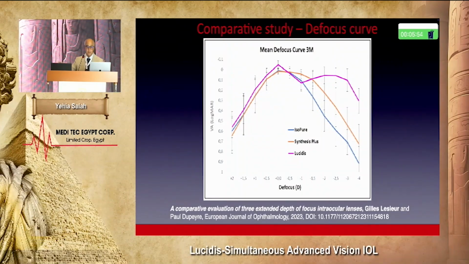Like this comparative study published in 2023 by Paul Dupierre, comparing it with three others. All of them are nice, but it shows here that the Lucidis has an advantage in the near and intermediate area.